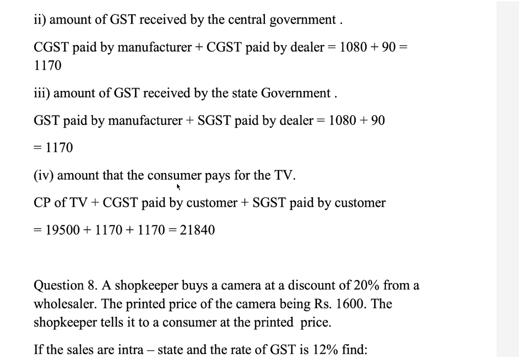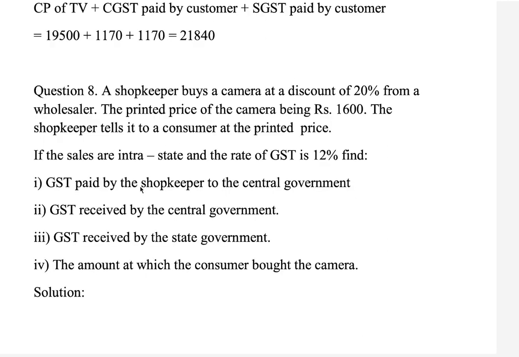And the amount that the consumer pays for the TV is the CP of the TV plus CGST paid by the customer plus SGST paid by the customer. So 19,500 plus 1170 plus 1170, that comes to 21,840.